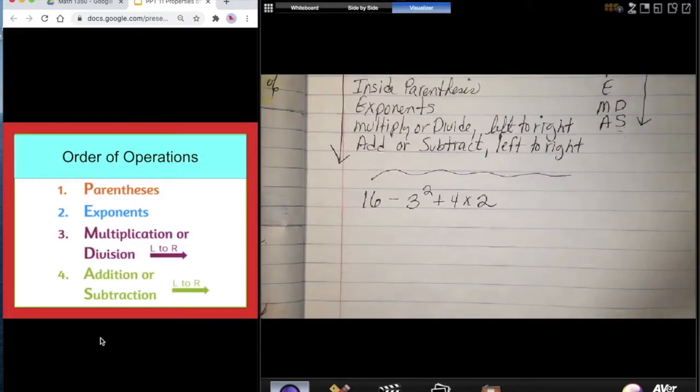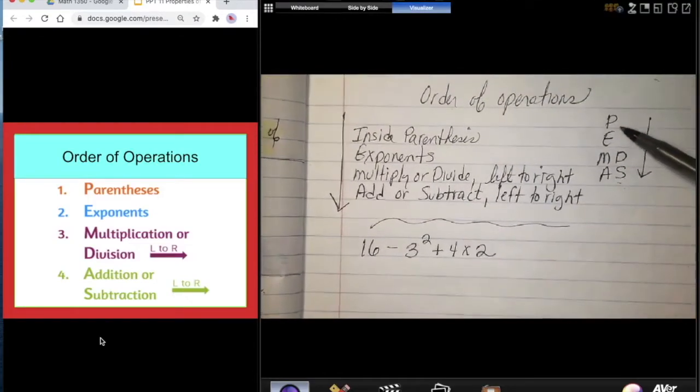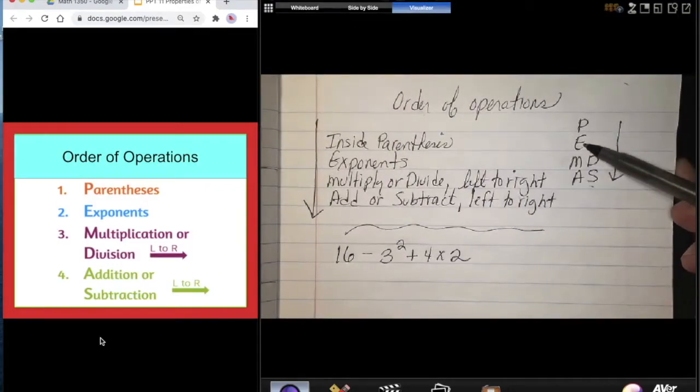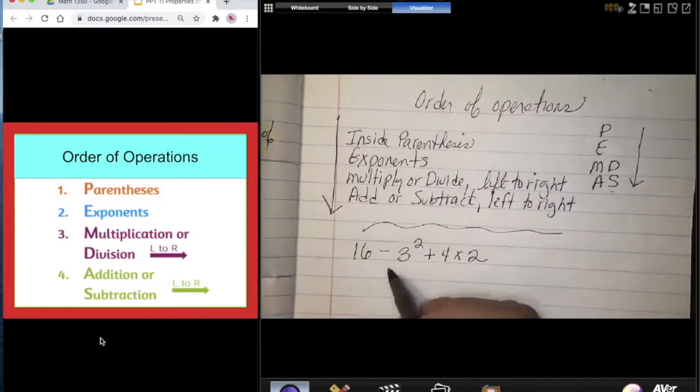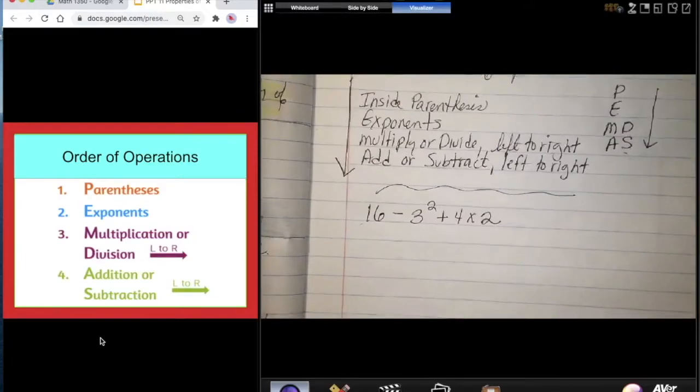Okay. In this problem, I look at my order of operations and I do not have any parentheses, but I do have an exponent. So I'm going to have to do my exponent first. Now, as a teacher, I always show my work. I copy the original problem down.